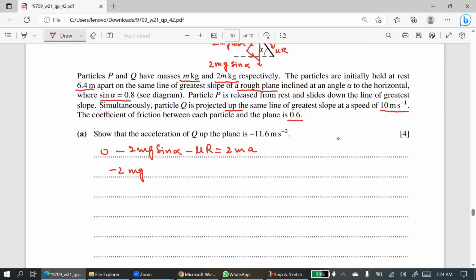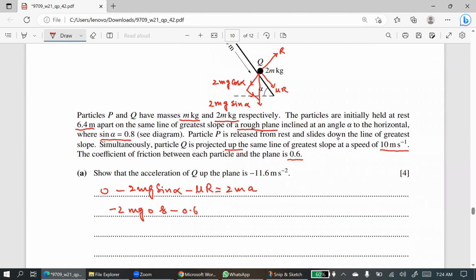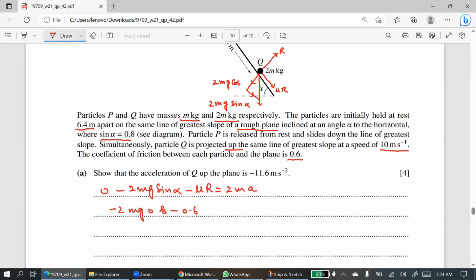Minus 2mg sin alpha, where sin alpha is 0.8, minus mu, which is 0.6, times normal reaction R. R is equal to 2mg cos alpha.